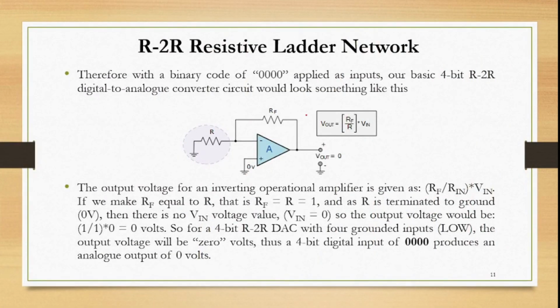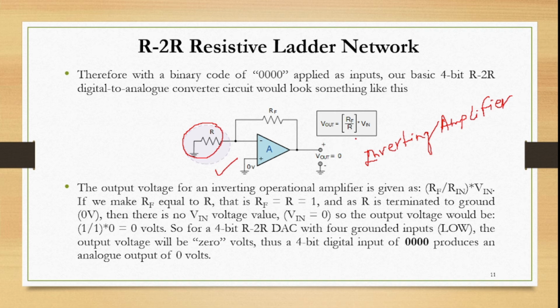So where will it be? So the single R will be here. Now we have a very well known circuit, that is called an inverting amplifier. What is the gain of the inverting amplifier?